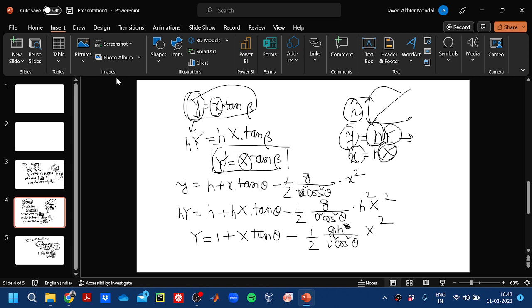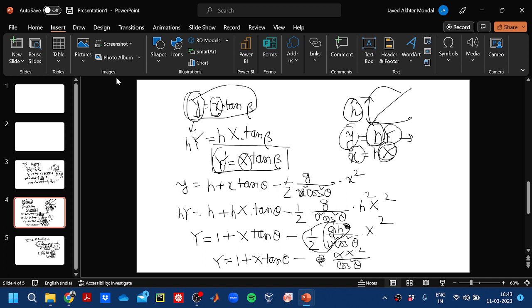So if we write g h by 2 v square as some variable, suppose this is alpha, then our equation is Y equal to 1 plus X tan theta minus alpha X square by cosine square theta.